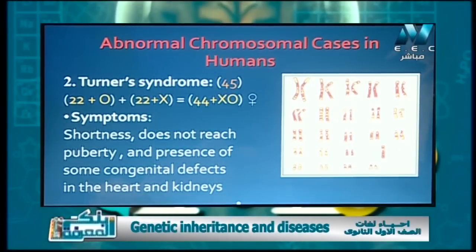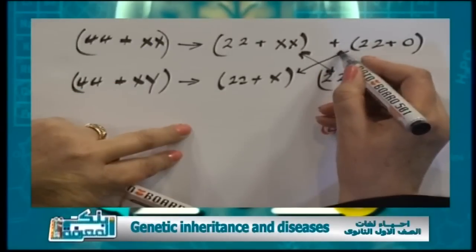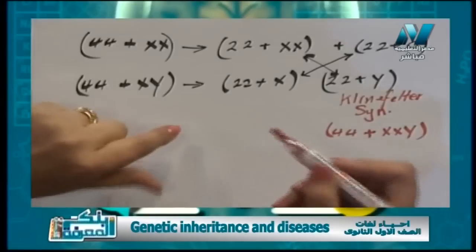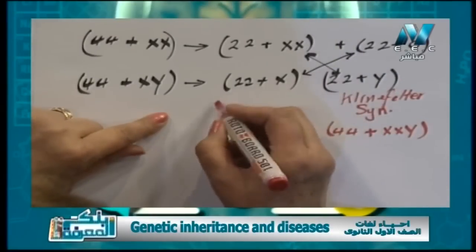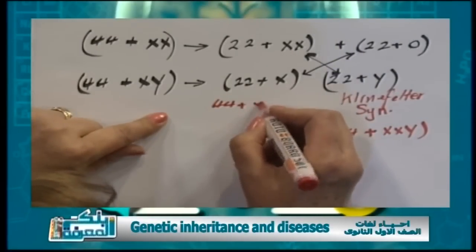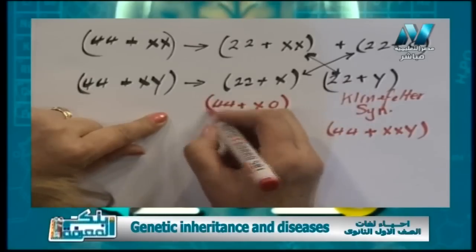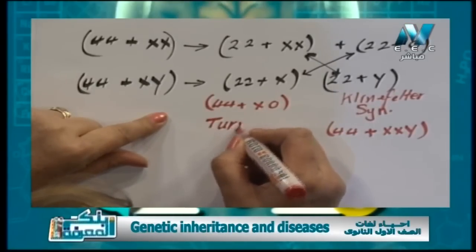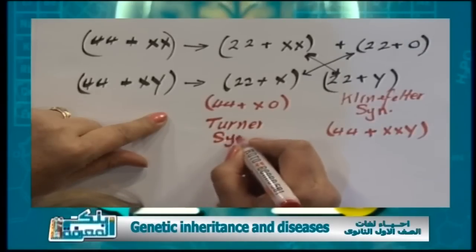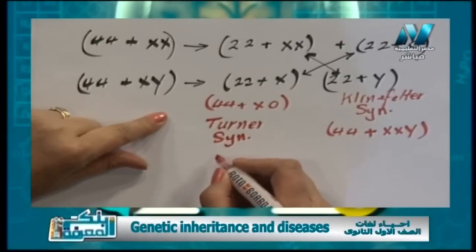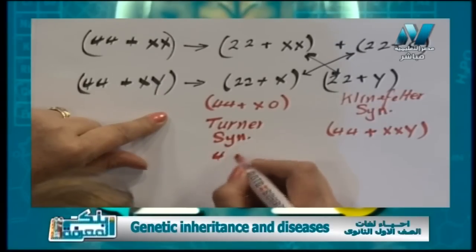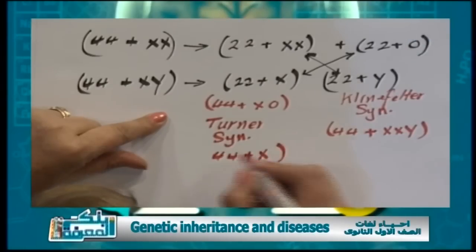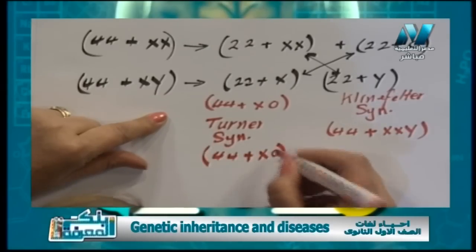As we see here, if this gamete fuses with this gamete, the resulting individual will be 44 plus X, so one X chromosome, and she has Turner syndrome. And in Turner syndrome, the genotype or chromosomal number is 44 plus X or X0.